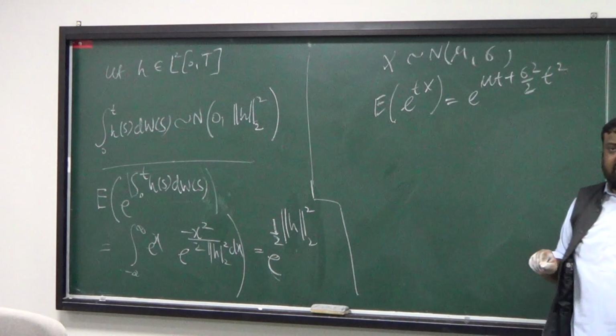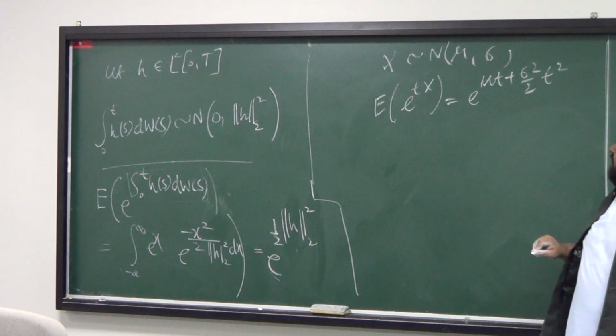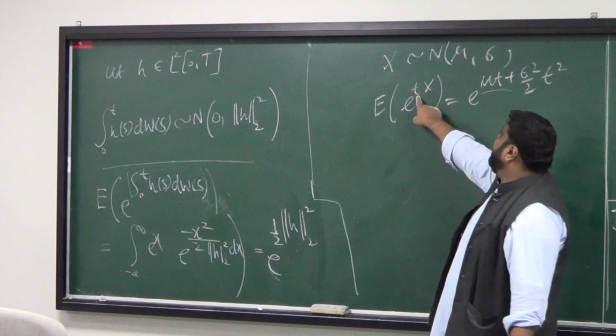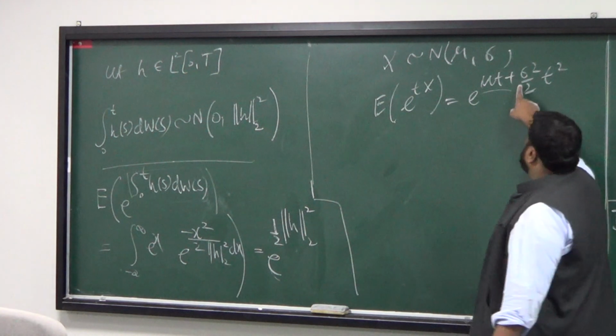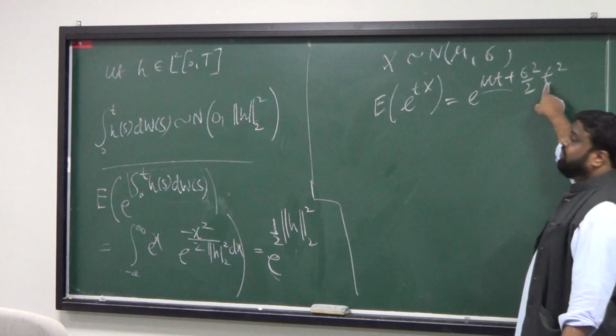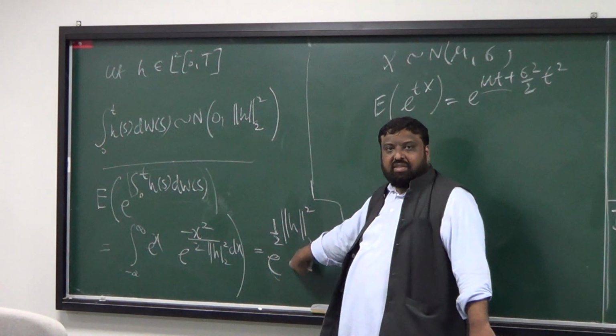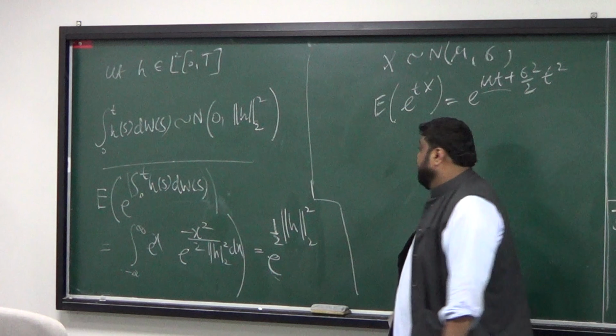So you have it, right? So the mu is 0, so this term will go away. And if you substitute t equal to 1, you're going to have sigma square over 2 times 1 actually. So you're really going to get this expression. समझ आ रही है ना? ठीक है?